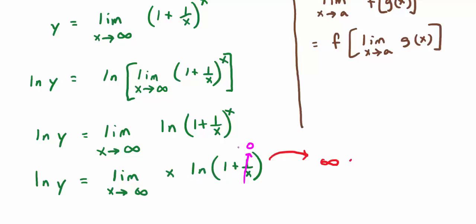So the natural log of 1 plus 1 over x is going to 0. So we're getting the indeterminate form infinity times 0, which is not something that's okay to use L'Hopital's rule on. Is there a way to rewrite this, x times natural log of 1 plus 1 over x, so that it is okay to use L'Hopital's rule? Well, what do you mean by that? Okay.